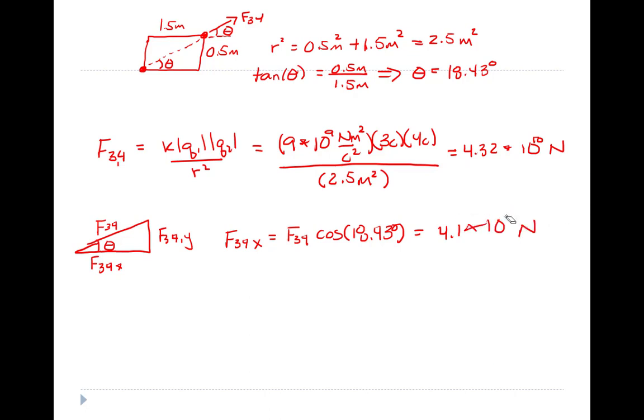I'll clean that up as well. Hold on. In the positive x direction. Remember, my coordinate system had x this way and y that way. F34y is on the side opposite, so I'm going to use a sine.